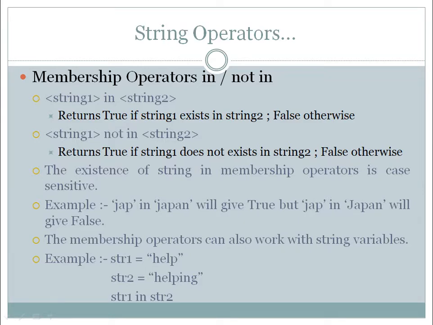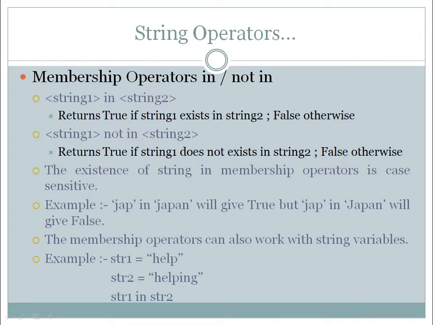Next, membership operator. You have heard these operators when we discussed the operators in detail, in and not in. How will it be used? First is string1 in string2. It will check the existence of string1 in string2. So what are the possible values?